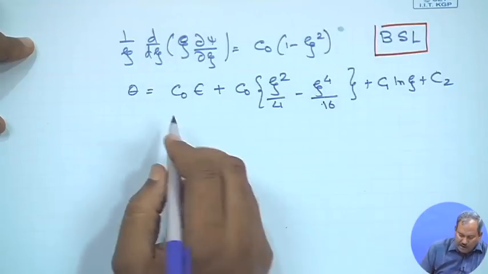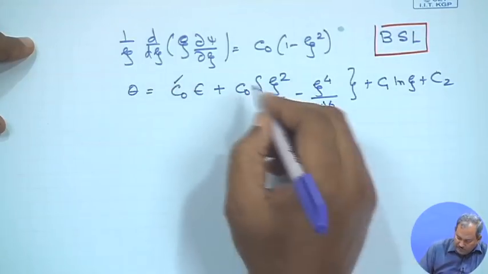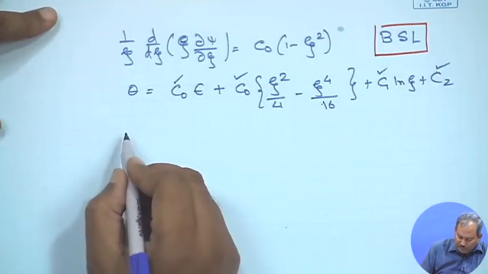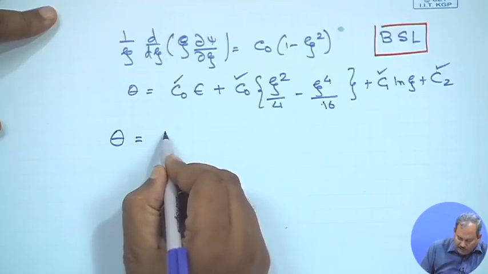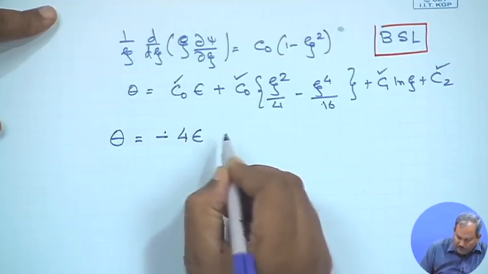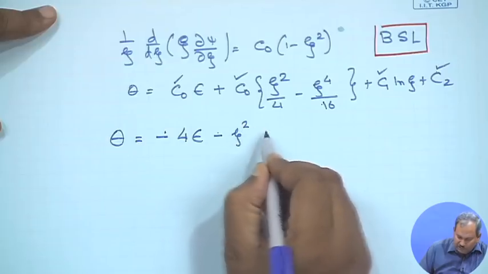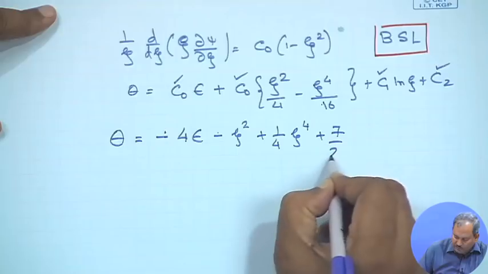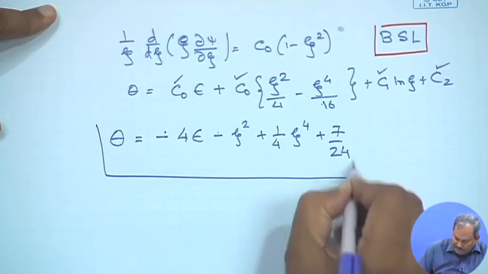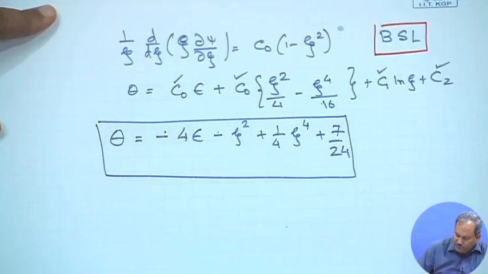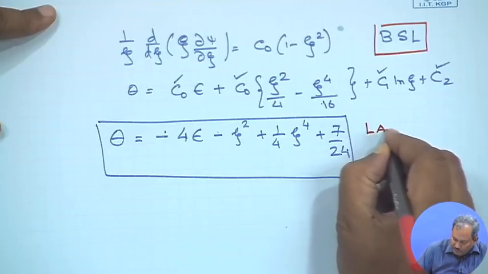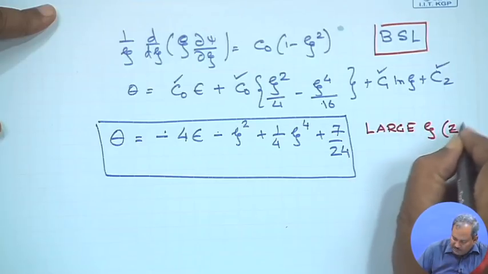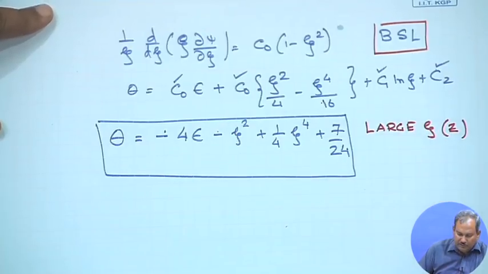So, you can see how C naught, C1, C2 are evaluated with the use of the boundary conditions, and what you get is theta equals minus 4 epsilon minus zeta square plus 1/4 zeta to the power 4 plus 7 by 24. So, this is the approximate solution of the temperature profile for large zeta, that means large z, when you assume thermally fully developed flow.